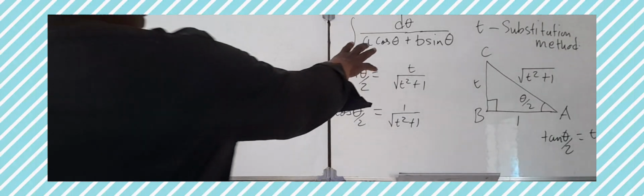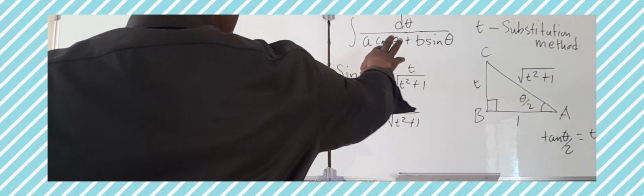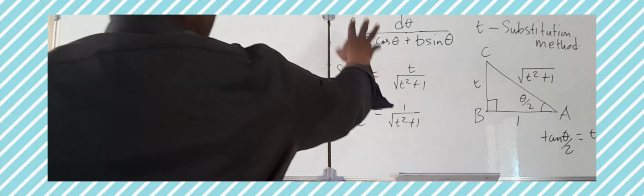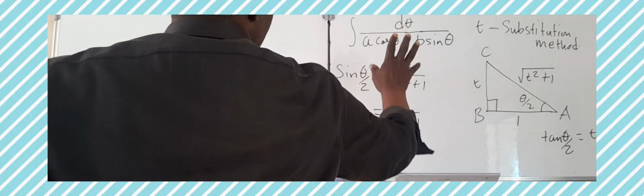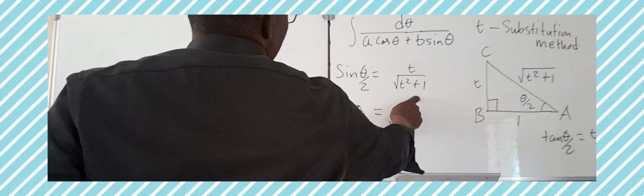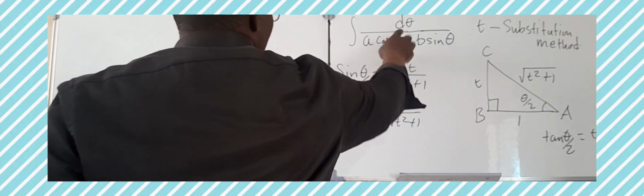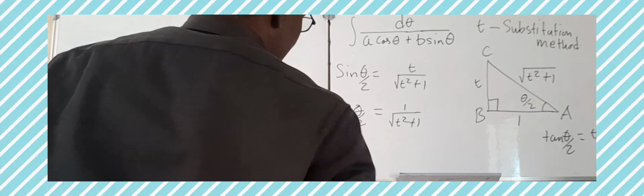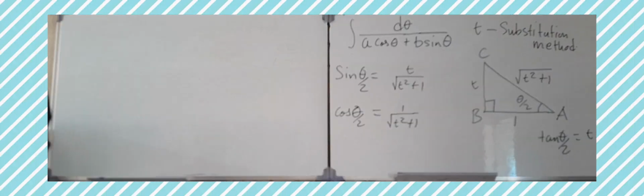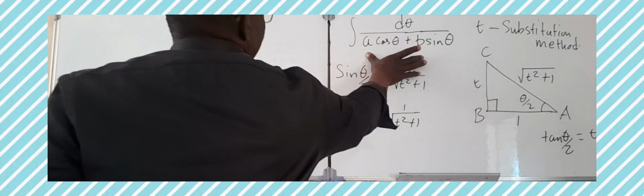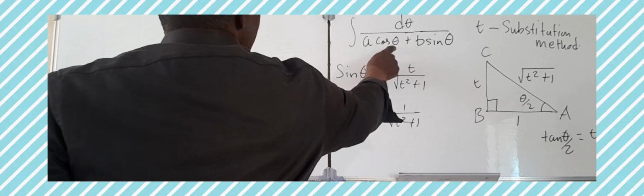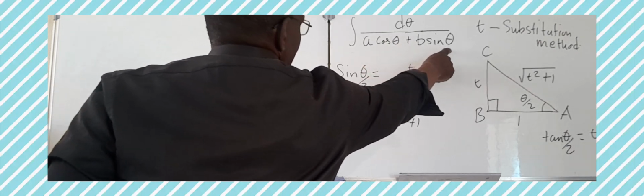But when we look at our integral, remember our destination is to replace everything expressed in terms of theta and start expressing it in terms of T. We also have to change the variable of integration. In our integral, this is cosine of theta and this is sine of theta.